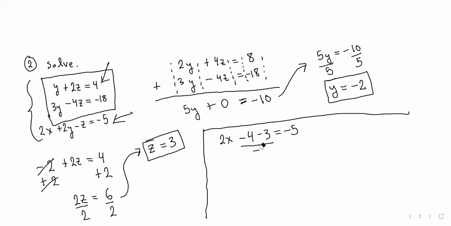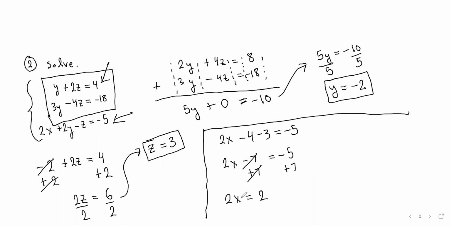Let me just rewrite this here. So that's 2x minus 7 is equal to negative 5. Now we add a 7 to both sides. Cross out the positive and the negative 7. And so we get 2x equals negative 5 plus 7 is a 2.